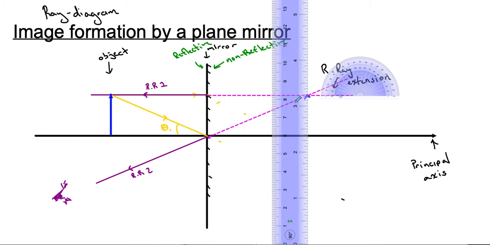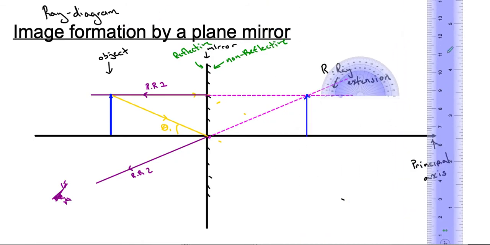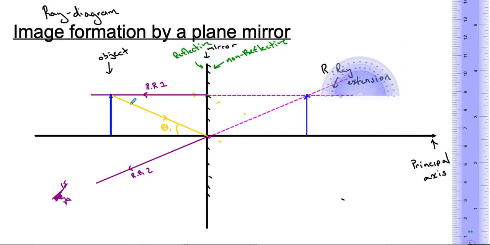That is where our image is formed. And so what we have here is the object, and now what we have is the image. The image is formed by these extensions. Notice the image is on the opposite side of the mirror. It looks like it's in the mirror.